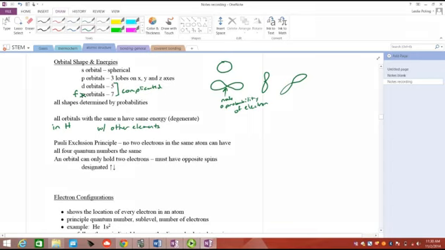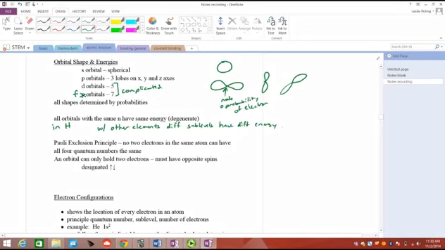With all other elements, the different sublevels have different energy, which I'll show you in a minute.